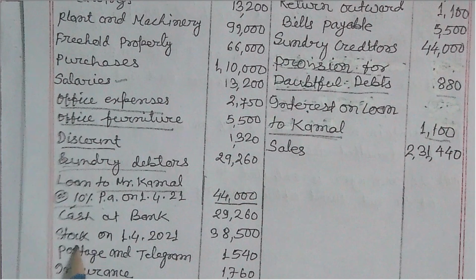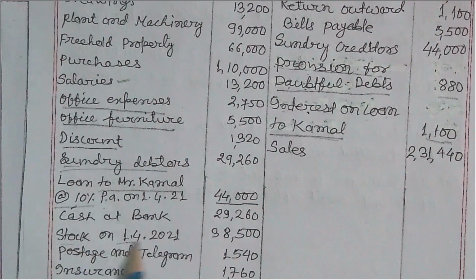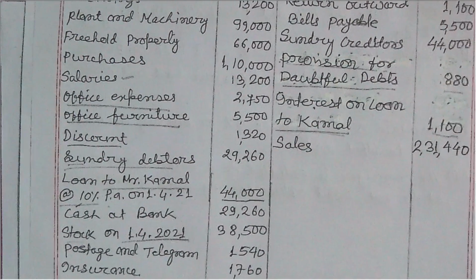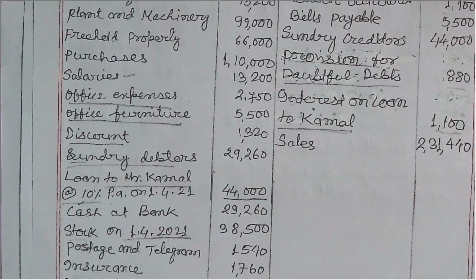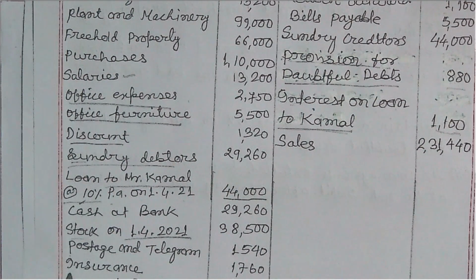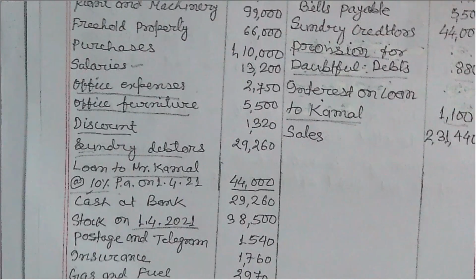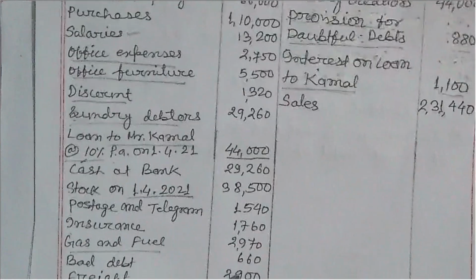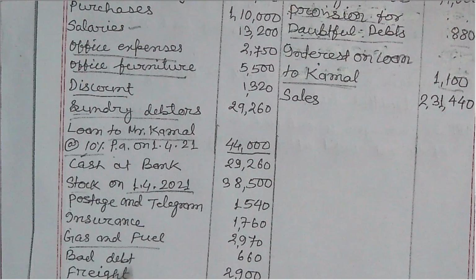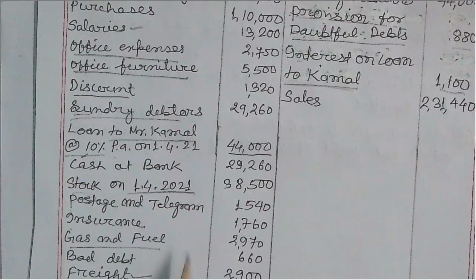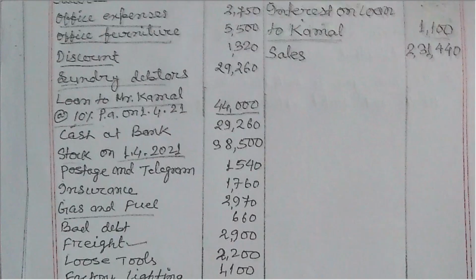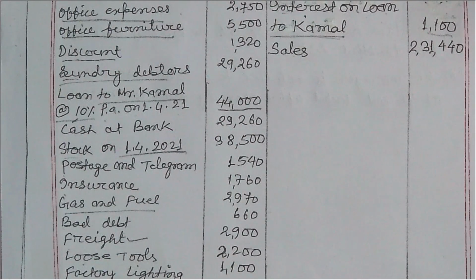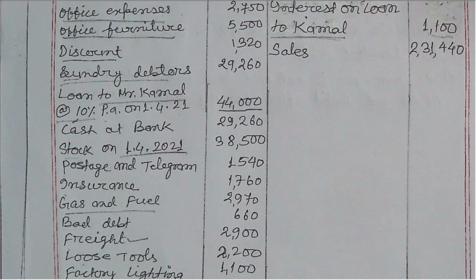And cash at bank, stock on 1st April 2021, this is your opening stock. And the next, postage and telegram, insurance, gas and fuel, then bad debts, freight, loose tools, factory lighting, cash in hand.